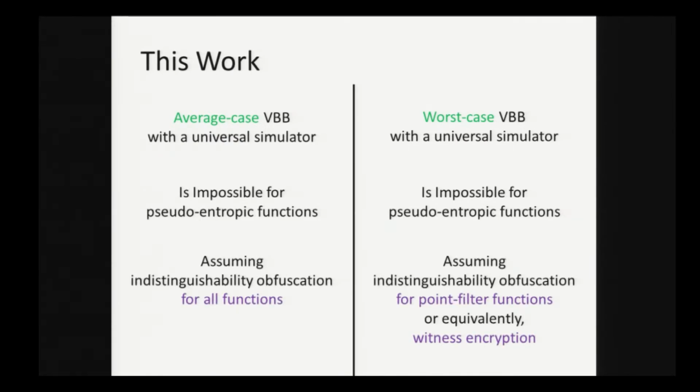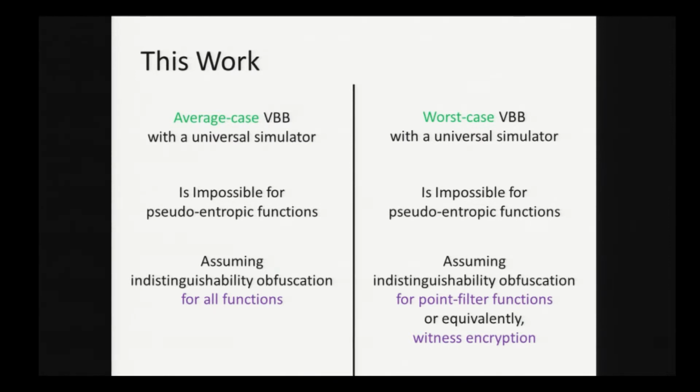So in both cases, we get an impossibility for all pseudo-entropic functions, but based on slightly different assumptions. For average-case VBB, we rely on indistinguishability obfuscation for all functions. And for worst-case VBB, we also rely on indistinguishability obfuscation, but only for a specific family of functions called point filter functions. If you're familiar with the notion of witness encryption, then witness encryption is equivalent to indistinguishability obfuscation for point filter functions.